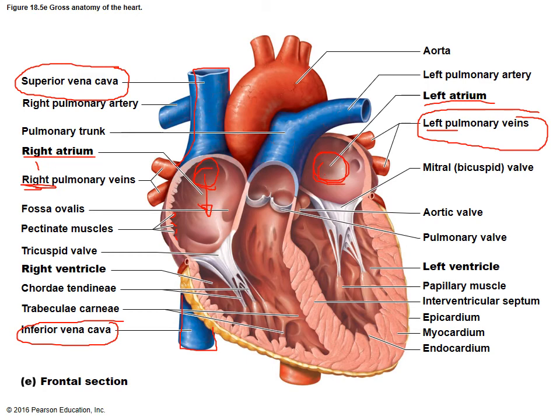Now, I want to show you something interesting. So remember how I said to you that veins carry blood towards the heart? And most of the time they're introduced as blue because they're carrying deoxygenated blood. Well, that's very true for the vena cava, as you can see, nice and blue. But look what's happening with the pulmonary veins. What color are they? They're red.